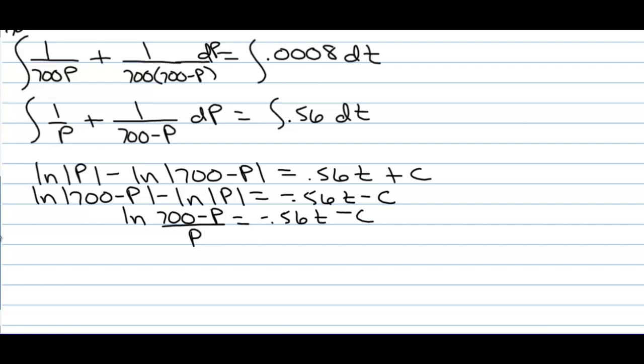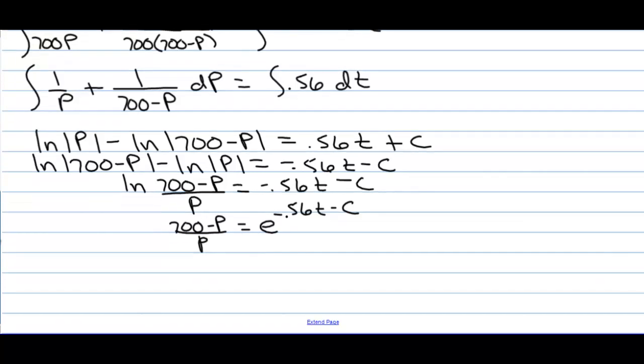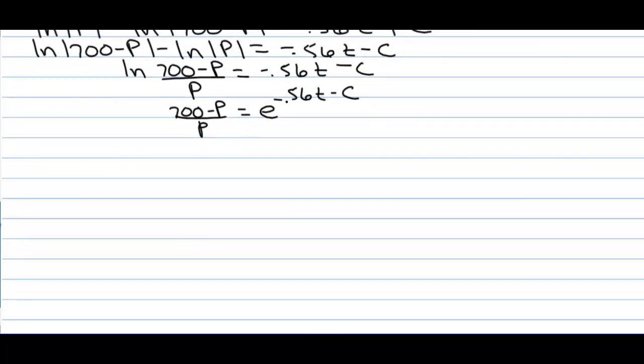Let's go from natural log to exponential. We have 700 minus P over P is equal to e to the -0.56t minus c. 700 over P is equal to 1 plus e to the -0.56t, and then we have times e to the -c.